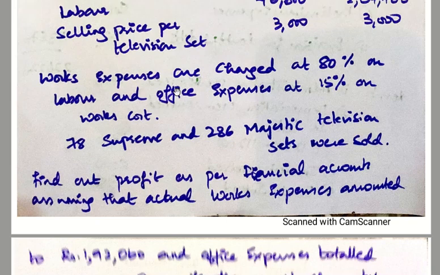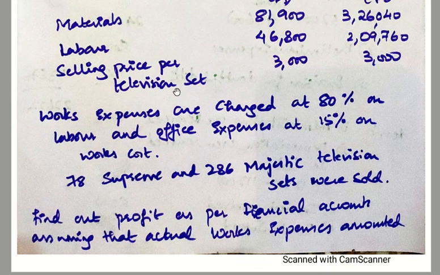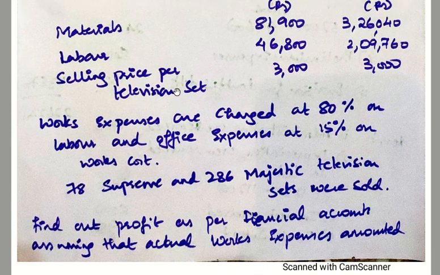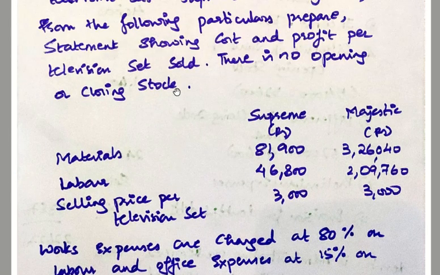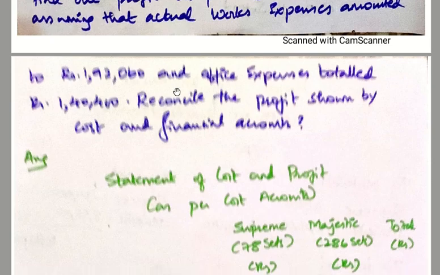So if you see here, they have not given any adjustment relating to reconciling both cost and financial account. We don't have the profits for cost account given nor the financial account given.